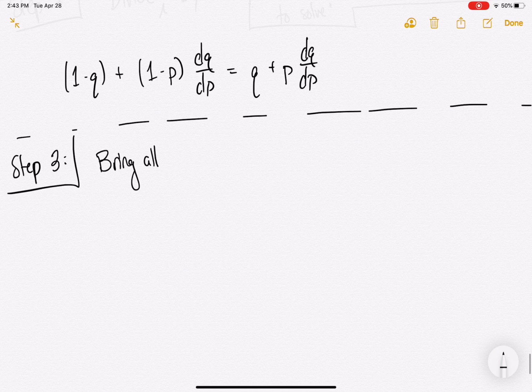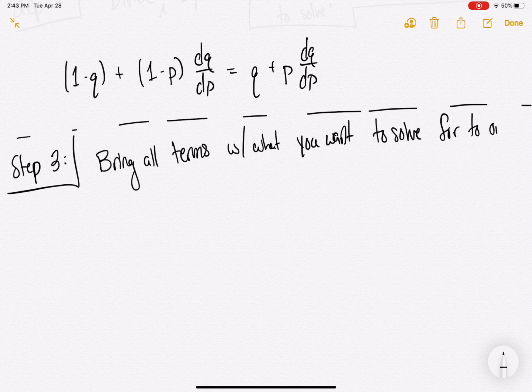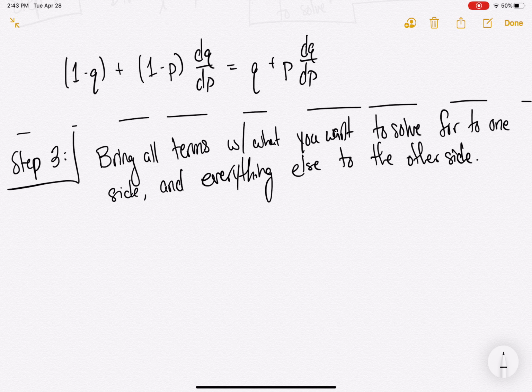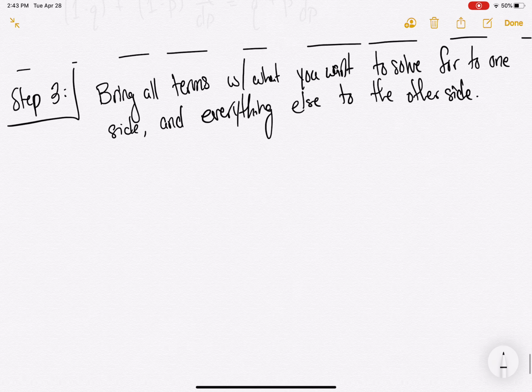Step 3, bring all terms with what you want to solve for to one side, and everything else to the other side. So my two terms with dQ/dP, I'm bringing to the left.